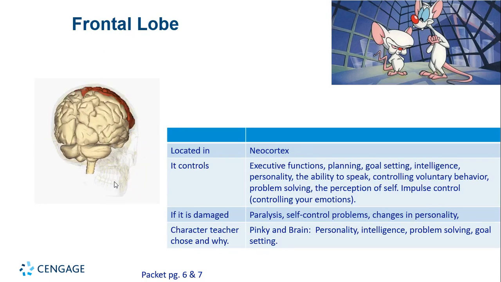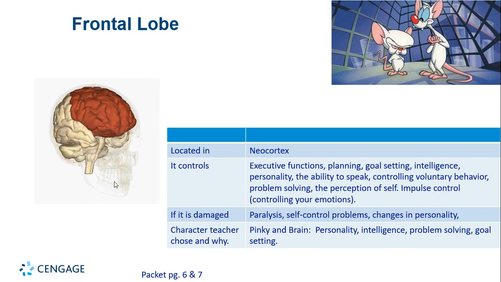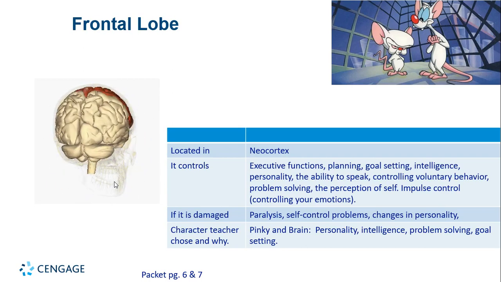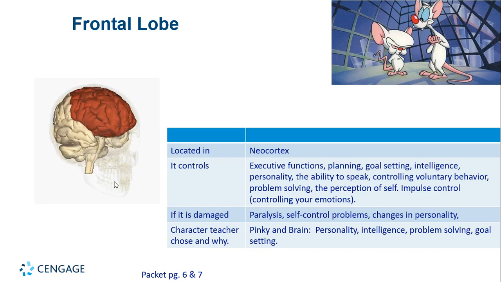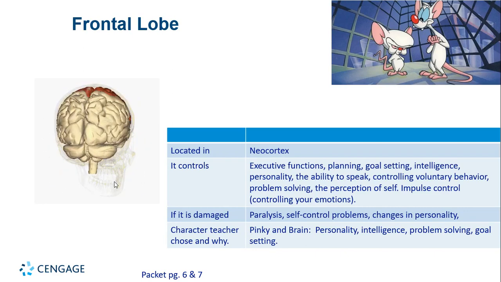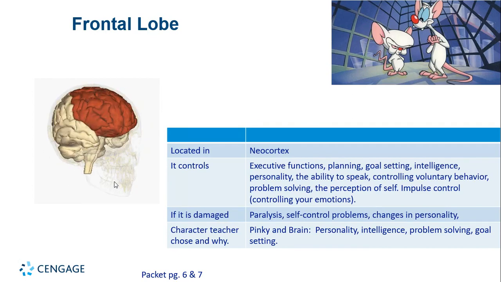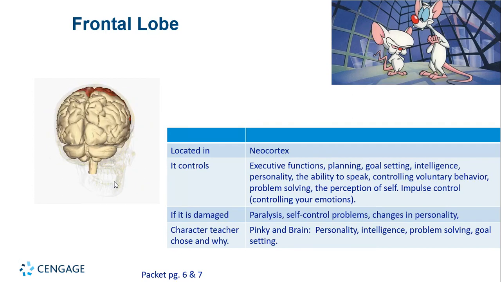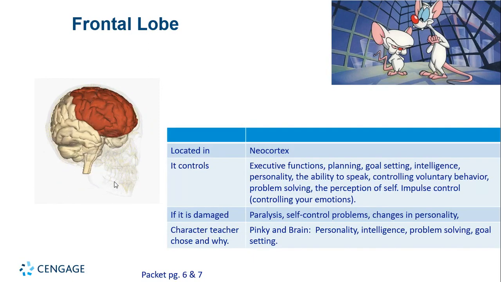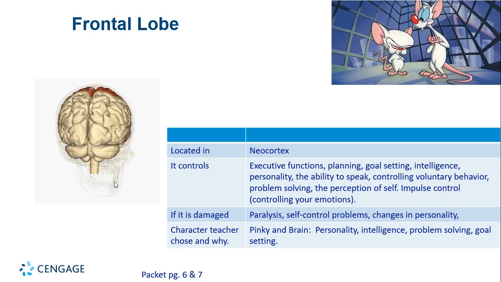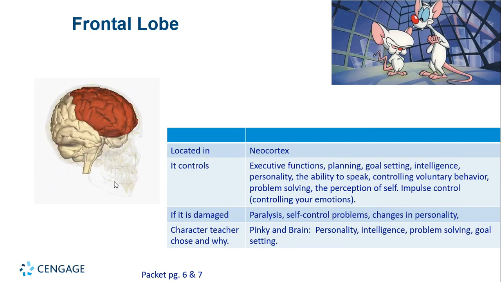This is your personality, your hopes and dreams, your goals, your ability to have self control, your ability to move your body voluntarily, your ability to speak, problem solving, perception of self, impulse control. This is all your frontal lobe. If I were to damage your frontal lobe, there is a good chance that you would no longer be you.